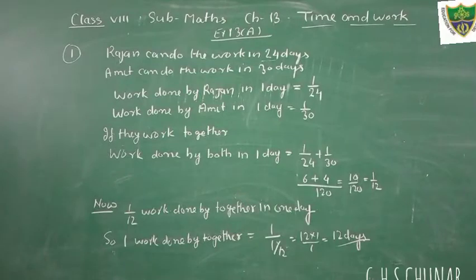A and B working together can finish a piece of work in 6 days, while A alone can do it in 9 days.